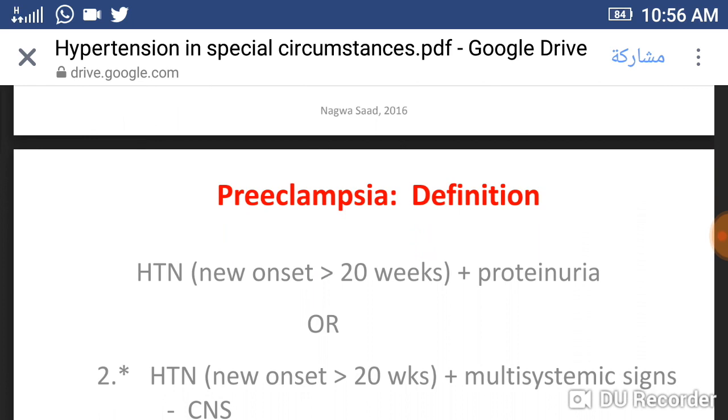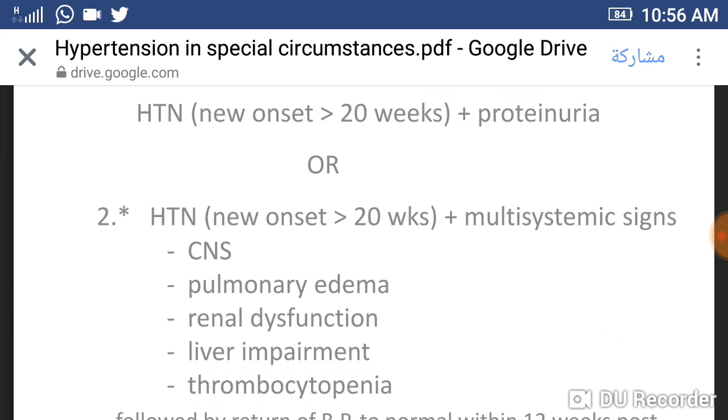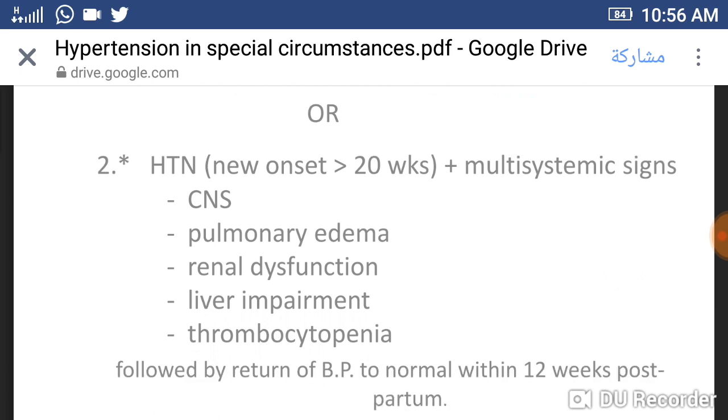Preeclampsia. Definition. Hypertension, new onset after 20 weeks, plus proteinuria, or hypertension, new onset after 20 weeks, plus multisystemic signs: CNS, pulmonary edema, renal dysfunction, liver impairment, thrombocytopenia.